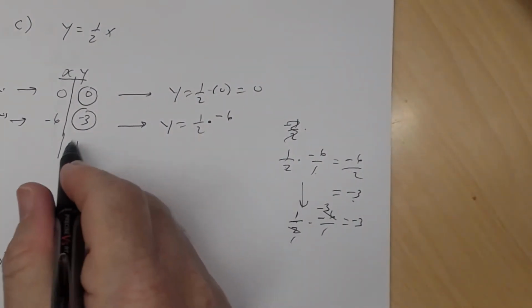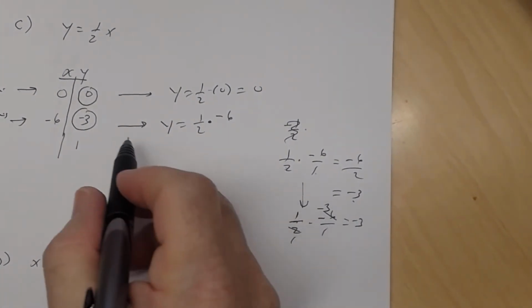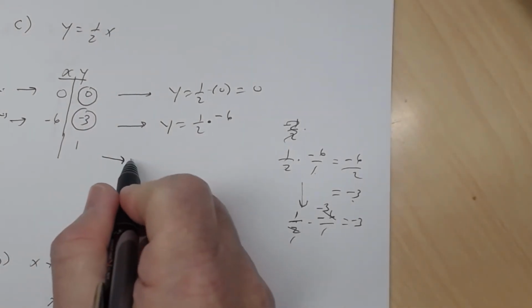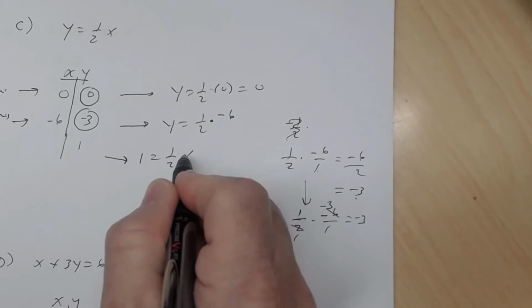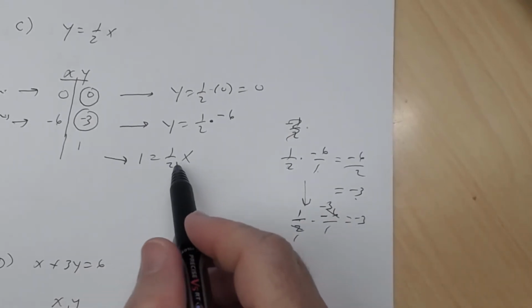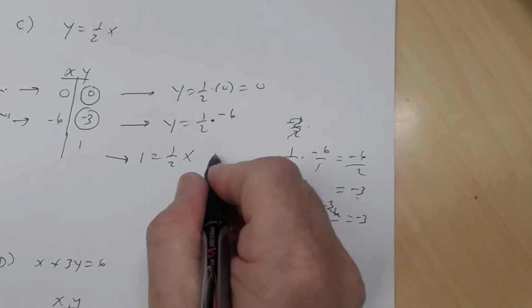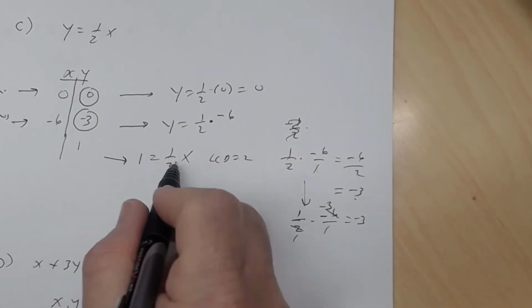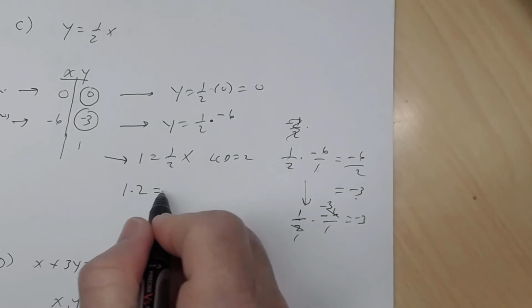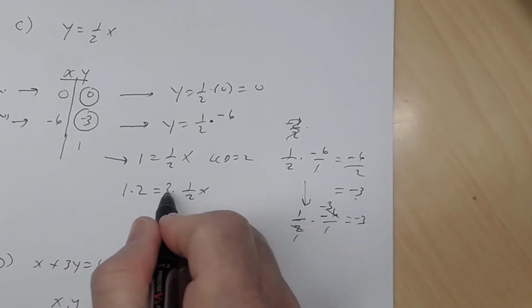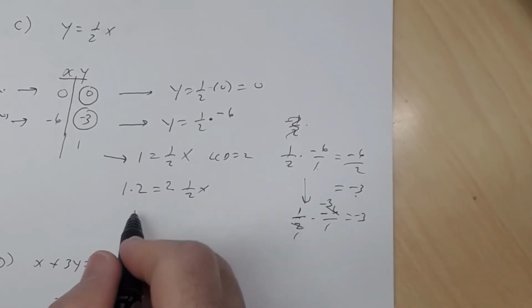Now you're told y is 1. So if y is 1, I get 1 equals 1/2 x. And then I just have to solve for x. Remember, you're going to use the LCD here. The LCD is 2, so I'm going to multiply both sides by 2. So 1 times 2 equals, and then 1/2 x times 2. 1 times 2 is 2.